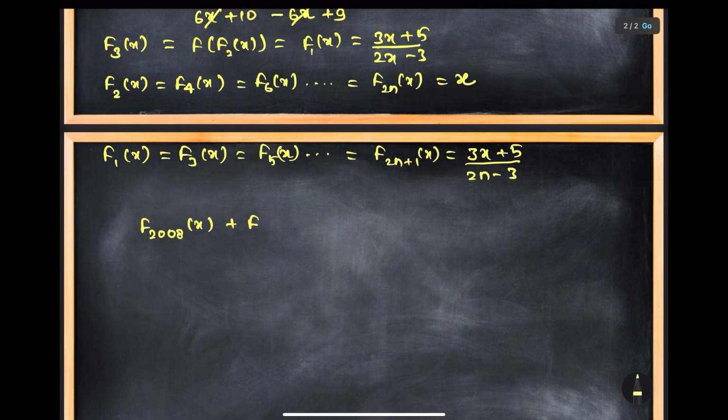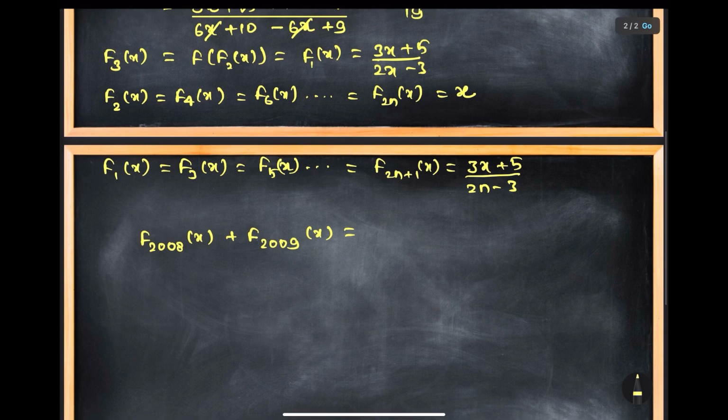But the question is that, you have to do this only, although the answer will be the same. One number is even, one number is odd. So you know that if the subscript is even, the answer we will have is x. If the subscript is odd, we will be having 3x plus 5 upon 2x minus 3.